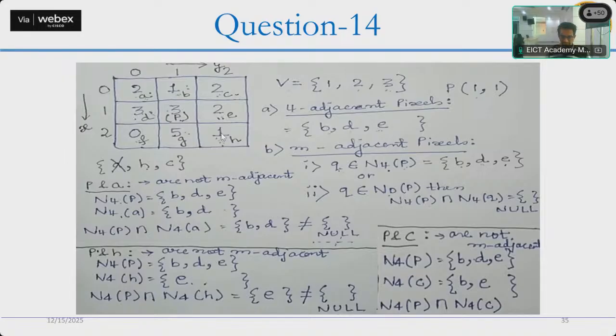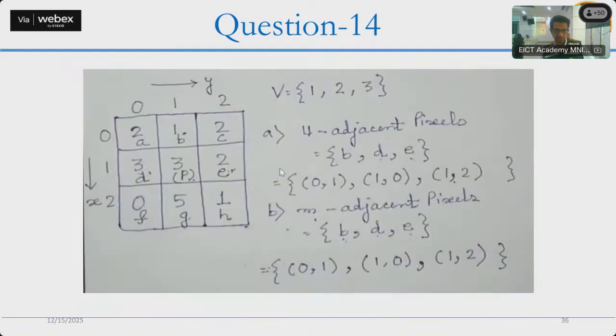In the same way, we check H. Again, we take the 4-point neighborhood of H and the 4-point neighborhood of P, and then check that there is no common point. If there is no common point, only then can you say it is M-adjacent. That's why neither A, C, H, nor M is there.